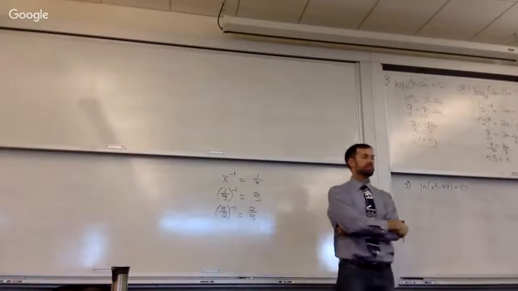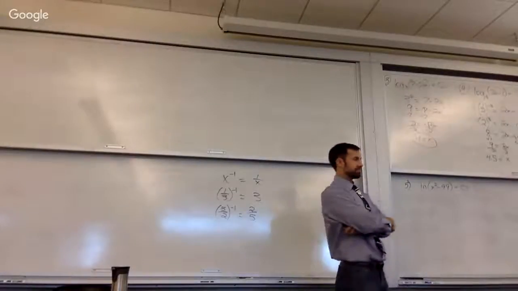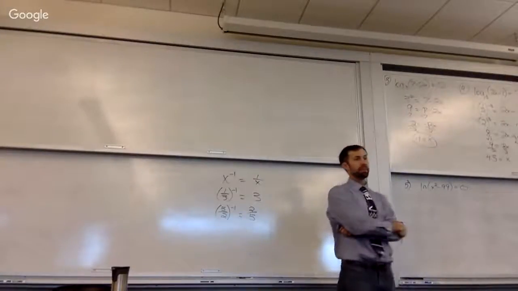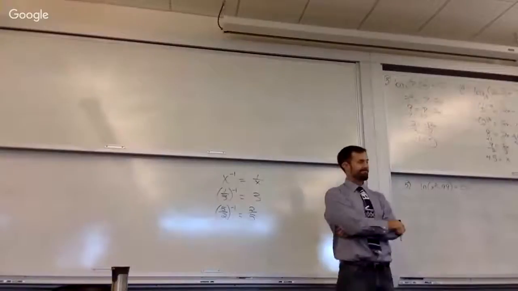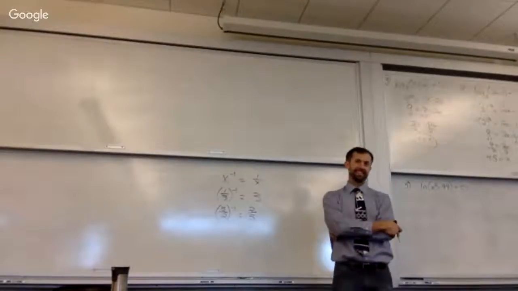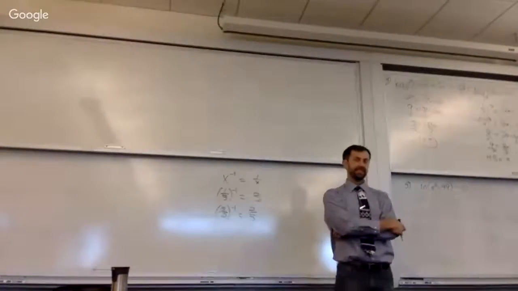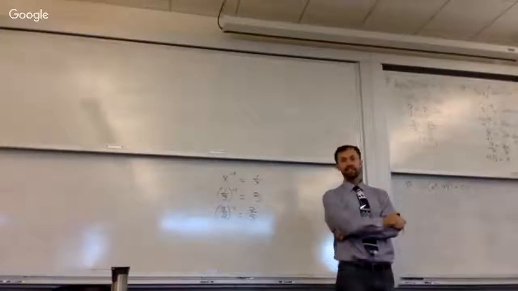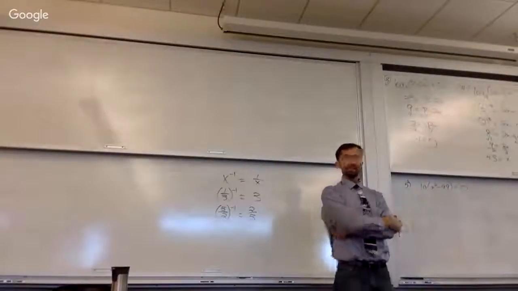So what do we do? We need to apply some definitions. What's one definition we could apply? Victor, what's the definition we could apply? What's the definition of ln? Yeah, log base e.